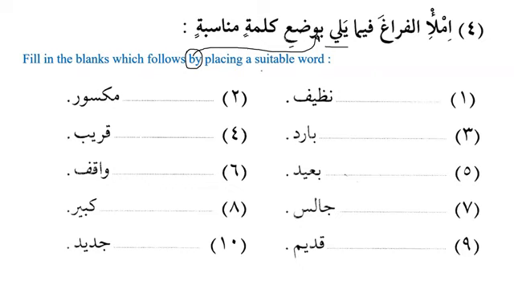Okay, nadhifun, so you can put any word over here. If you have lots of vocabulary, you can put any word. For example, you can say al-mindilu nadhifun. If you have the vocabulary that we have learned already, al-qamisu nadhifun, ahsant.